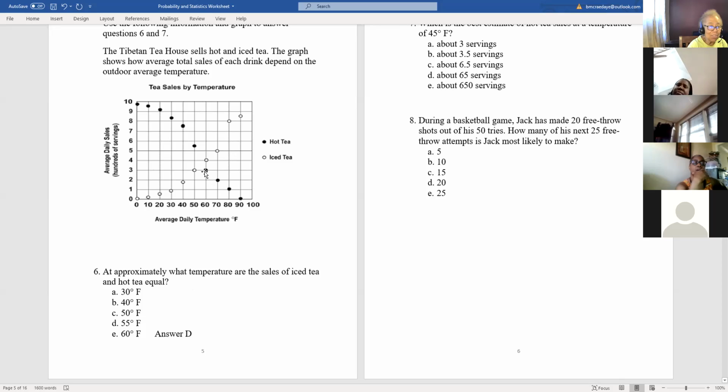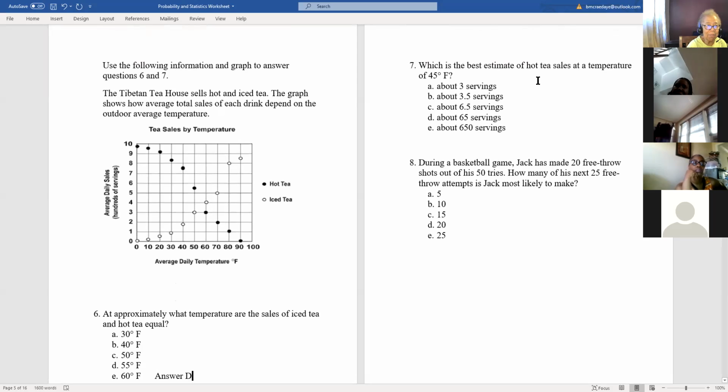Because that's the only place you see them having the same sales, right? Right here. No other place. They're all different, right? Okay. Now, number 7, still using that graph. What's the best estimate of the hot tea sales at a temperature of 45?